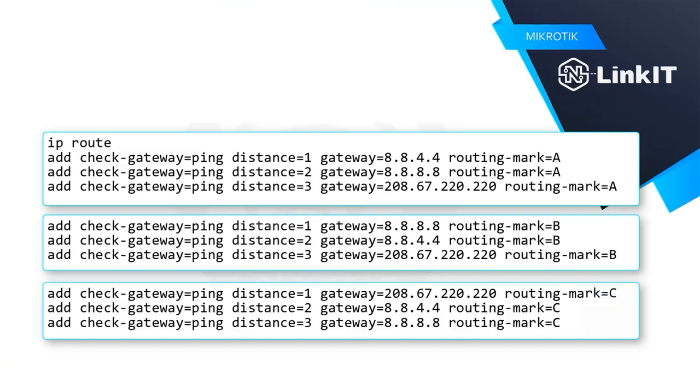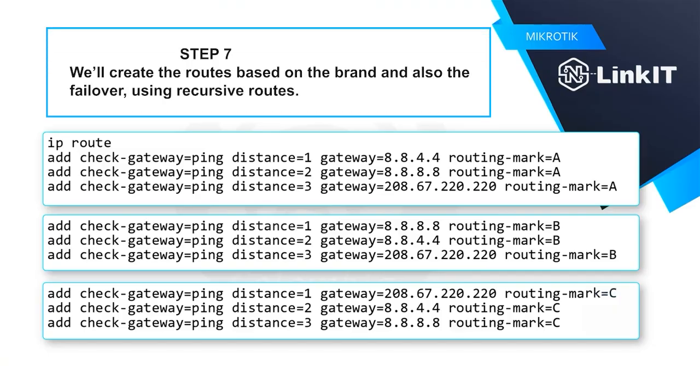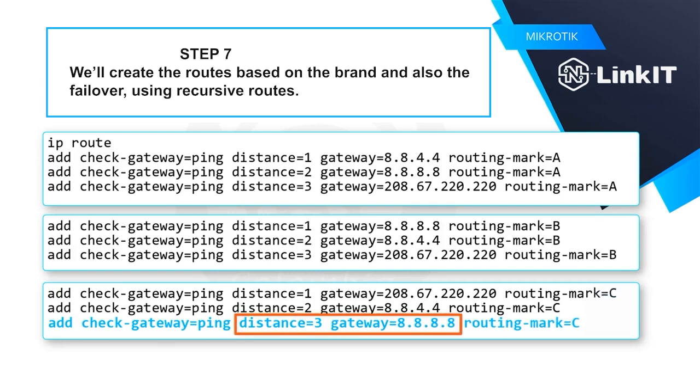In case provider A also fails, then we will create a third route with mark C with distance 3, taking the DNS used for provider B as the gateway.